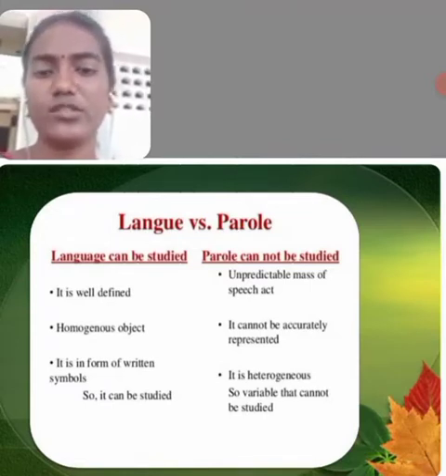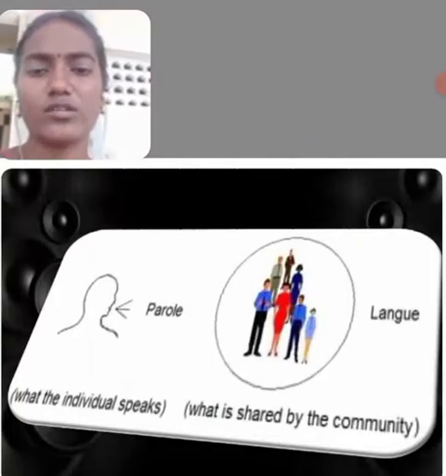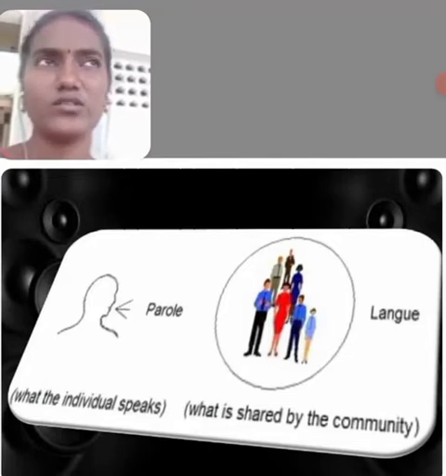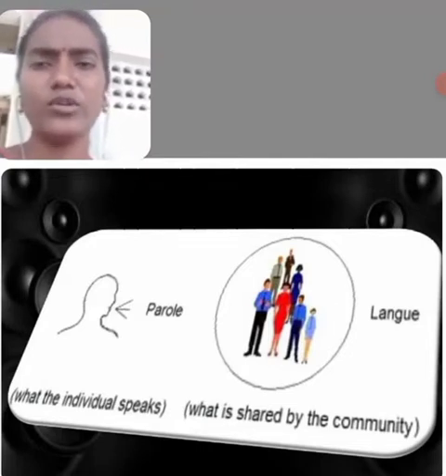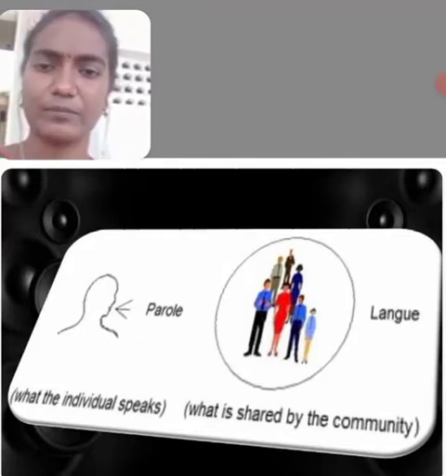It is heterogeneous. So, langue is the language spoken by a community, but parole is what an individual speaks. How a person individually pronounces or speaks a word is parole, and how a community or a group of people treats the language is called langue.